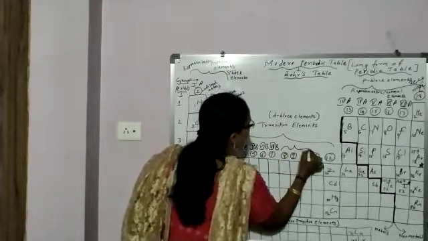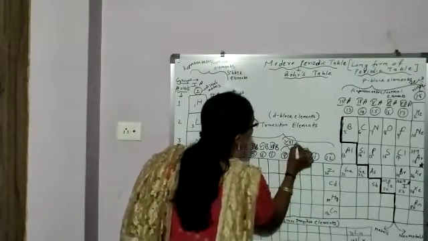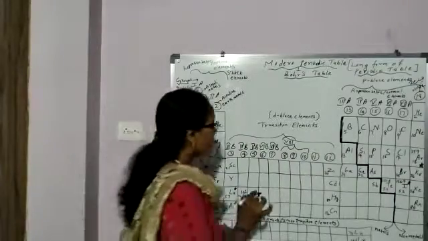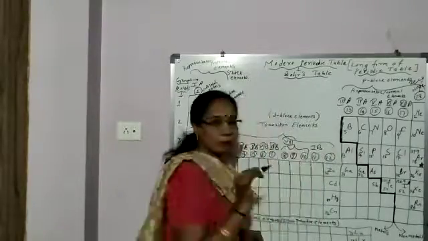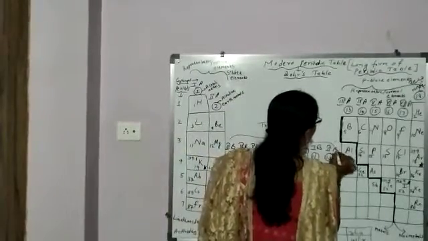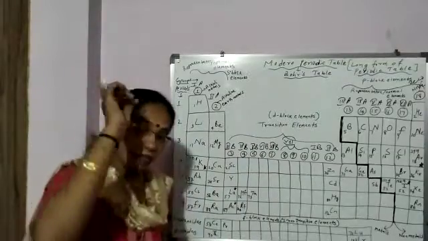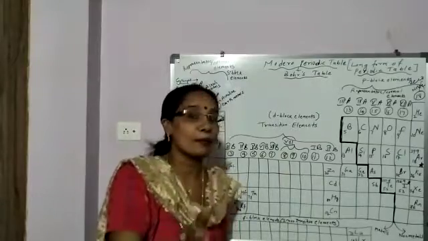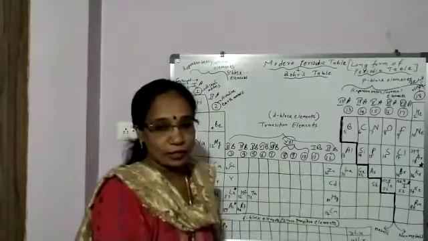And groups 8 to 10 which you see in the modern periodic table were group 8 in Mendeleev's periodic table. And now what is left? 1B and 2B. So group 11 in the modern periodic table is 1B, and group 12 is 2B. So the groups are all the same, students. But in Mendeleev's periodic table, each group from 1 to 7 was subdivided into subgroups A and B, which is not done in the modern periodic table.